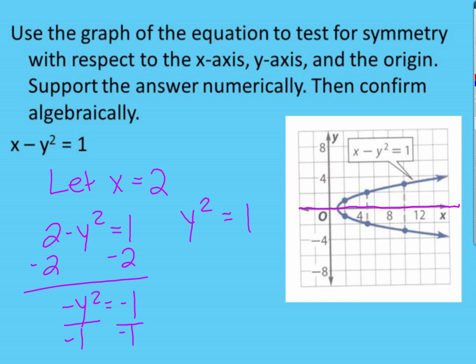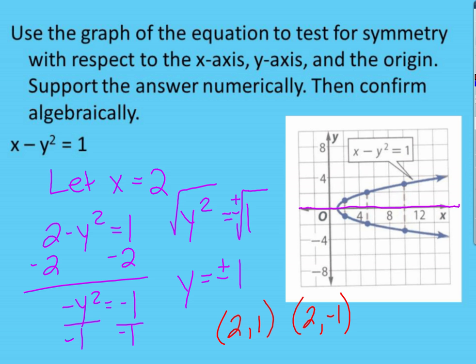To get the y by itself, we're going to take the square root of both sides. But remember, when you take the square root, there is a positive and a negative answer. So y is equal to positive or negative 1. So on the graph, we have the coordinates of 2, positive 1, and we have the coordinates of 2, negative 1.